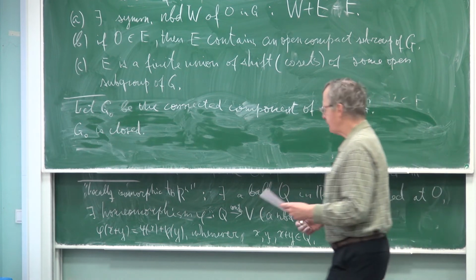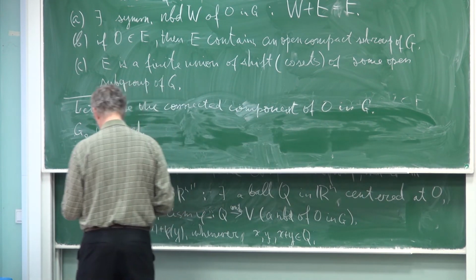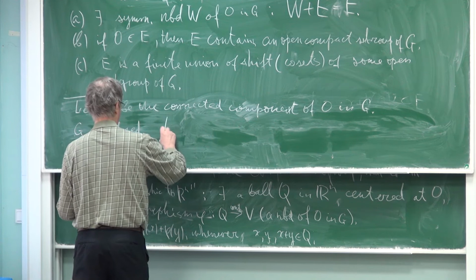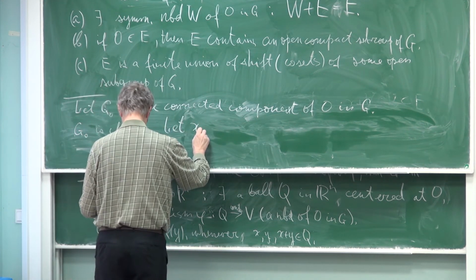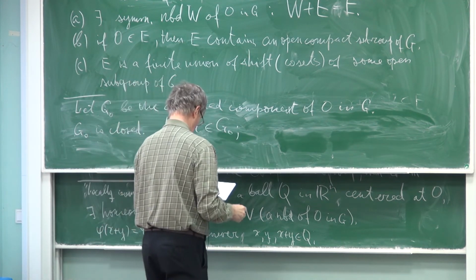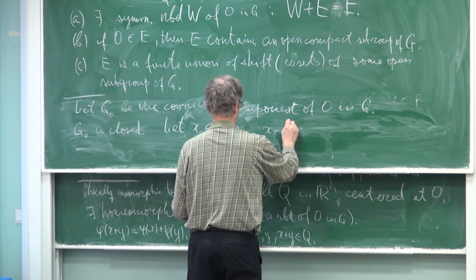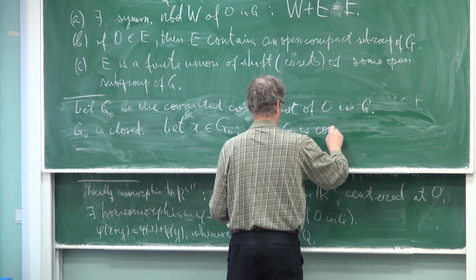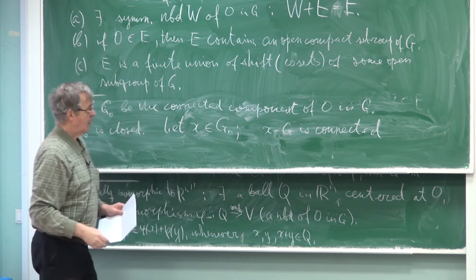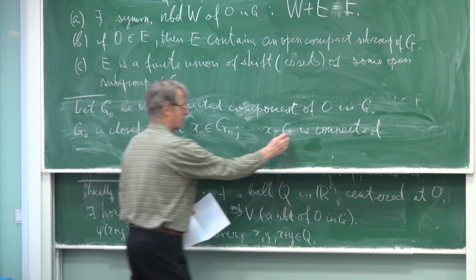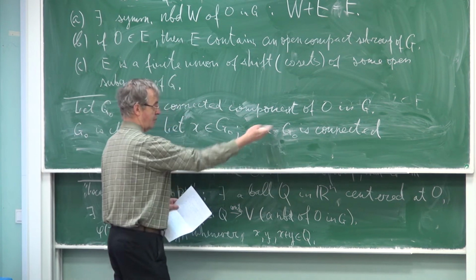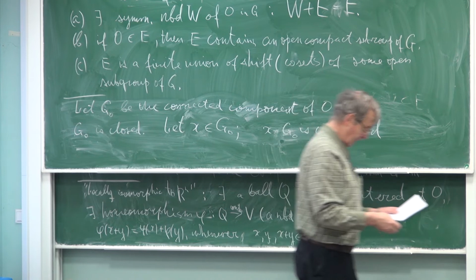Then take an element x in this G0. Then x minus G0 is also connected because it is obtained from the connected set G0 by application of some homeomorphism, so it is also connected.